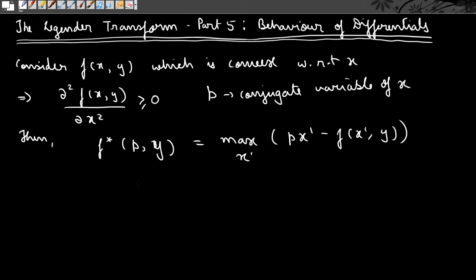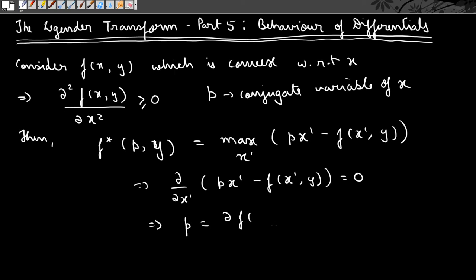So this would imply that dou by dou x dash of the expression p x dash minus f of x dash comma y must be equal to 0. From here we get the condition that p must be equal to dou f of x dash comma y by dou x dash.